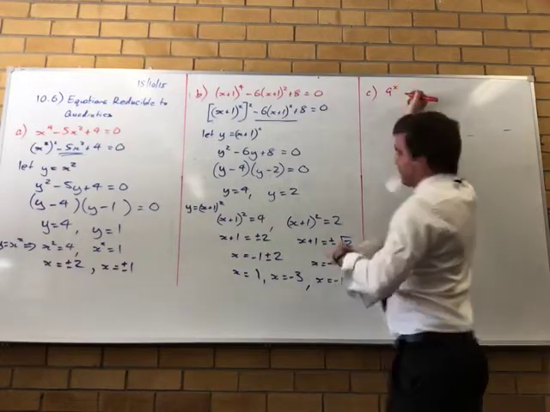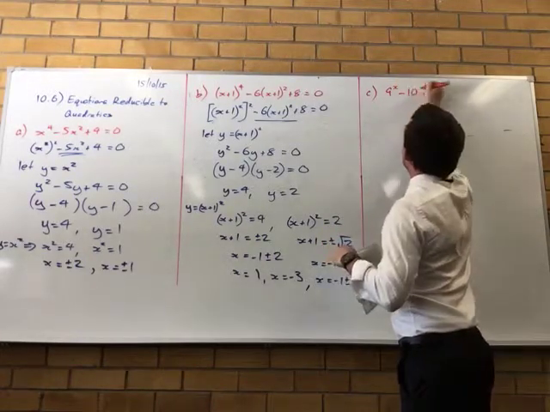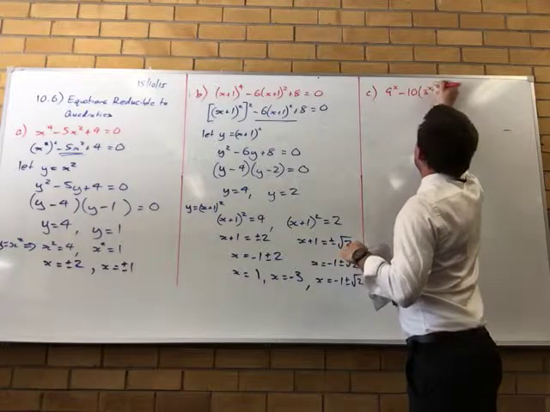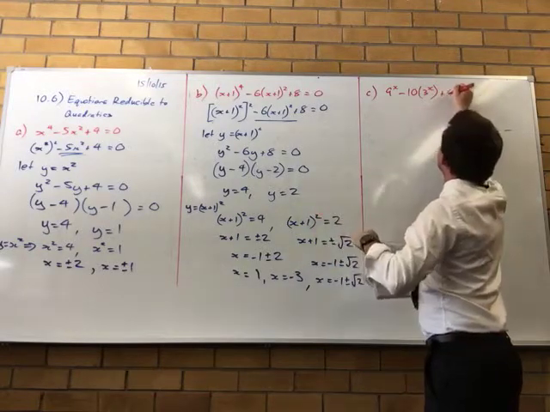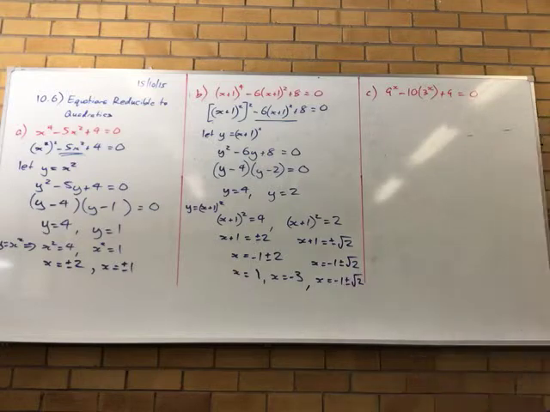Alright, 9 to the power of x, take away 10 lots of 3 to the power of x, plus 9 is 0. Almost looks like a quadratic, doesn't it? The format of a quadratic.